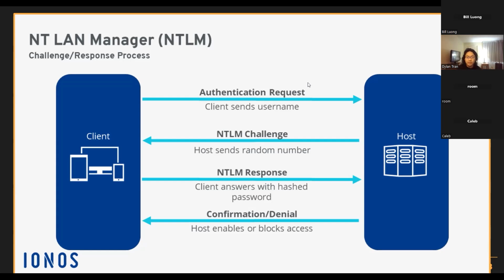So this is where the bit of the funny comes in, because it's this third step over here, right? That the response when you encrypt that random data with the NT hash, there's no salting or anything going on. You just need the hash.